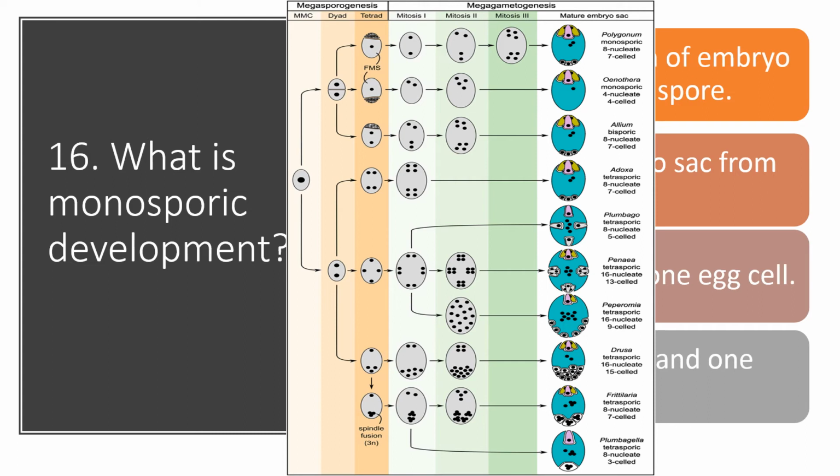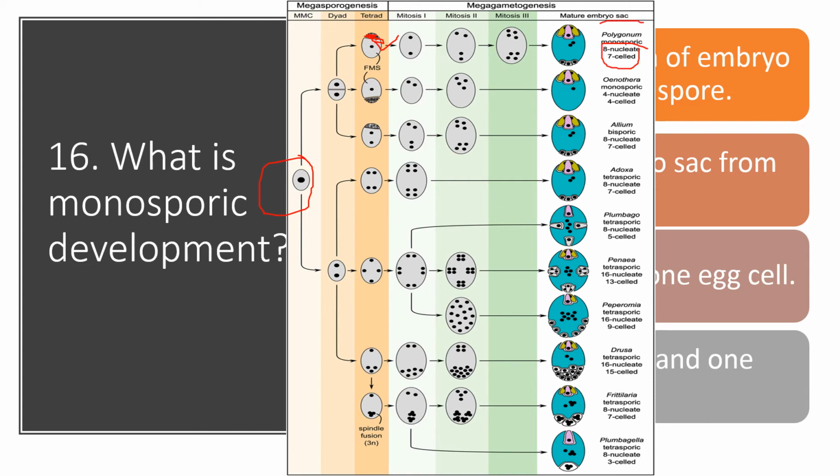So here are the different types of formation of embryo sac. There are around 10 different types of formation of embryo sac. Here is a megaspore mother cell which forms a megaspore dyad, and the megaspore dyad undergoes the second meiotic division to form the megaspore tetrad. But in this condition, out of 4 only 1 will survive and the other 3 disintegrate, and from this single megaspore the 7-celled 8-nucleate stage will form.